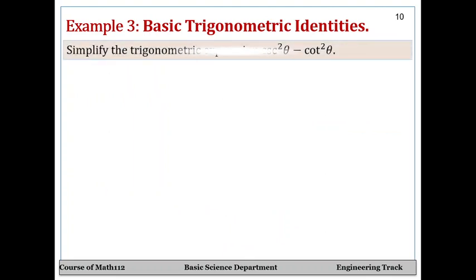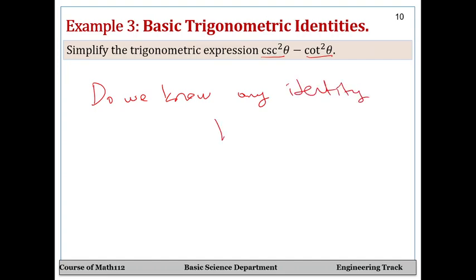Now let's look at this question. It asks, what is cosecant squared theta minus cotangent squared theta? Do we know any identity involving cosecant squared theta and cotangent squared theta?